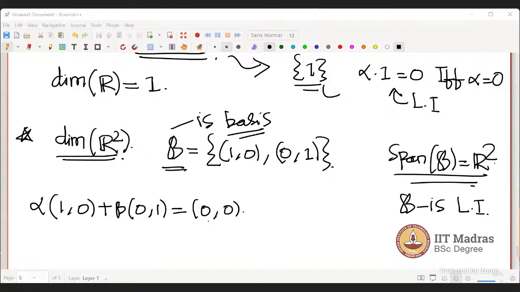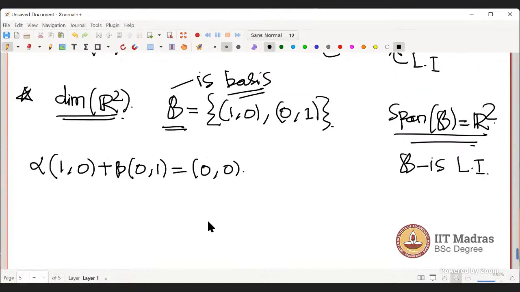You are not audible. Sir, if the cardinality of a basis is equal to the dimension of that vector space, right?